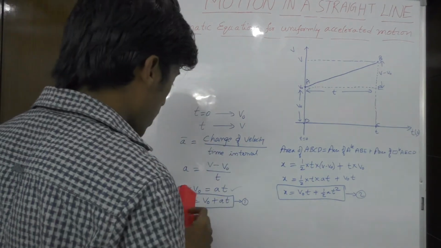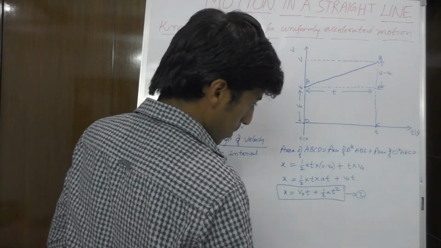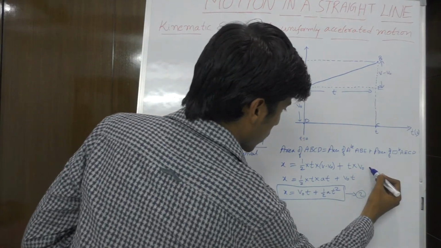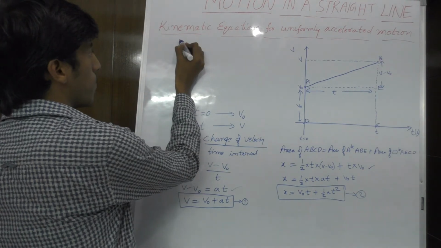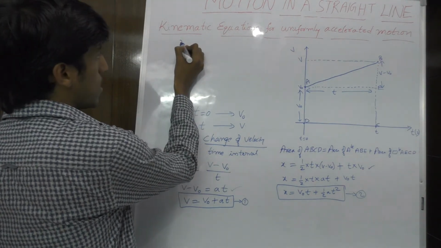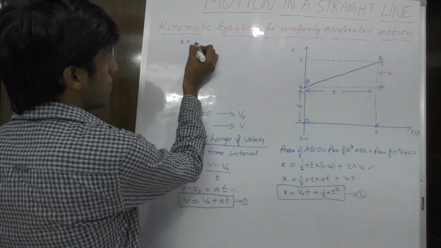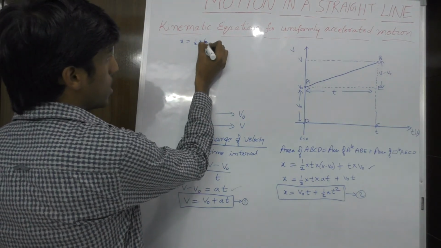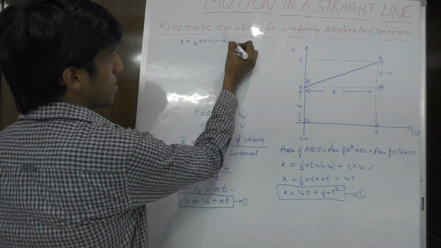The third equation is this, and to derive that equation I will take this equation, x is equal to half into t into v minus v naught, plus v naught t.